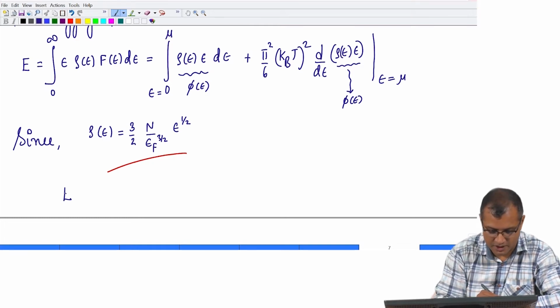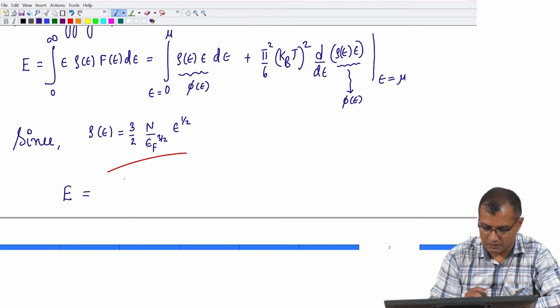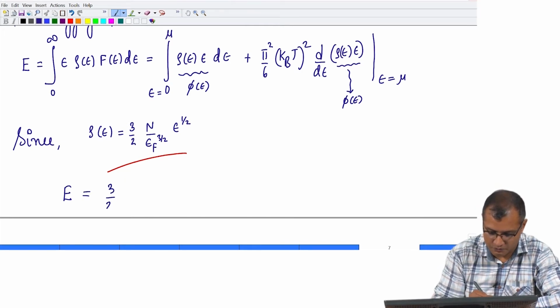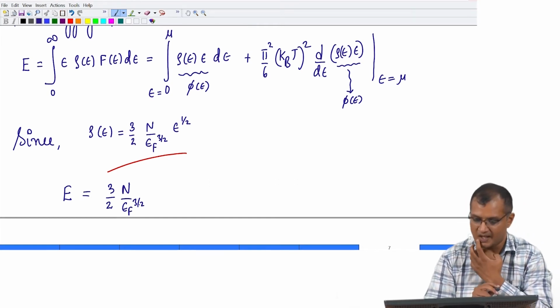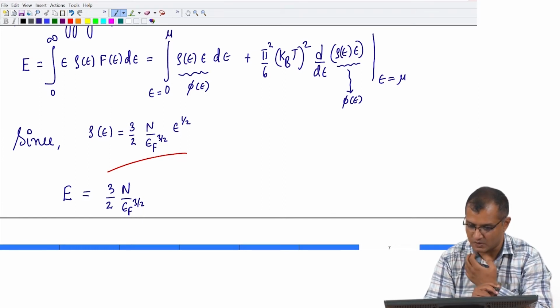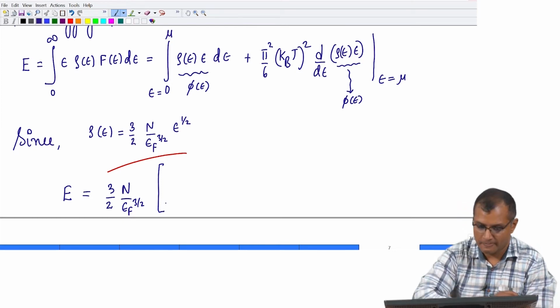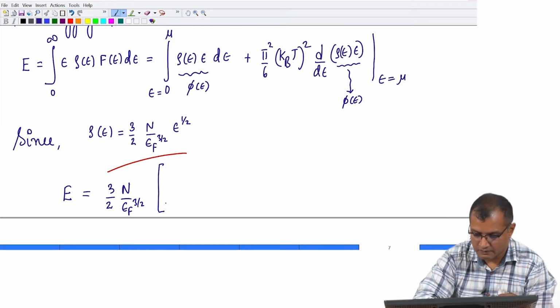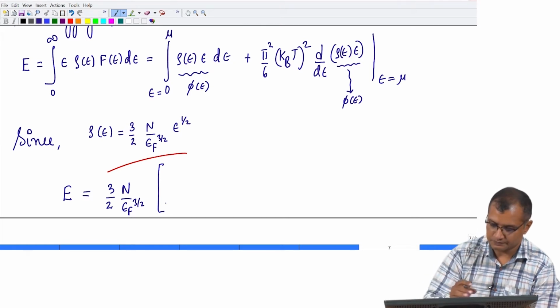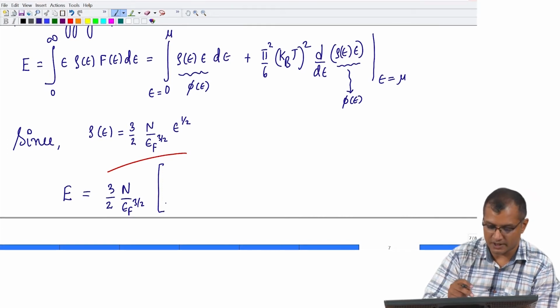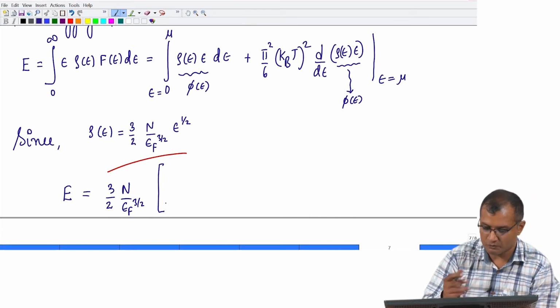So, my energy E would be nothing but I can take 3 by 2 into n over E f to the power 3 half, and I believe the same will come out from the second term also. So, I am going to keep it outside the big bracket, and this would be an integral of e raised to 3 by 2, because there is already an E outside. So, E times rho would be e raised to 3 by 2.